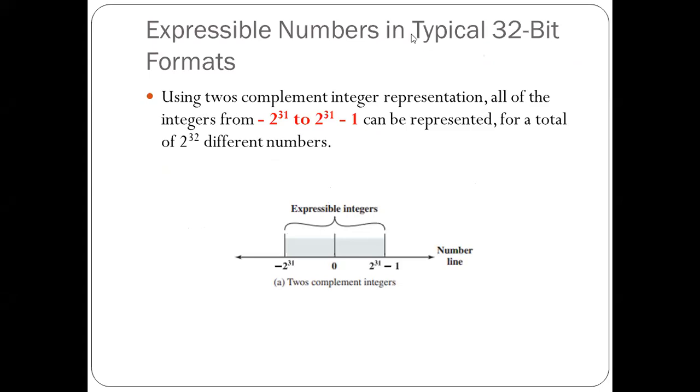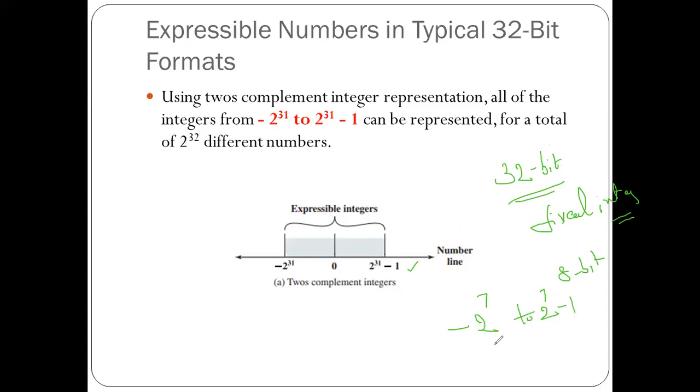If I use 32 bits for representing my numbers in fixed point format, that too integer representation, I can have a range of minus 2 power 31 to 2 power 31 minus 1, correct? If it is 8 bits, I have minus 2 power 7 to 2 power 7 minus 1.